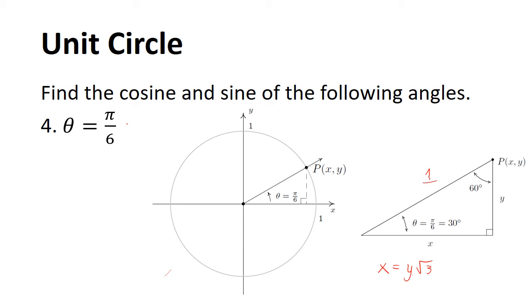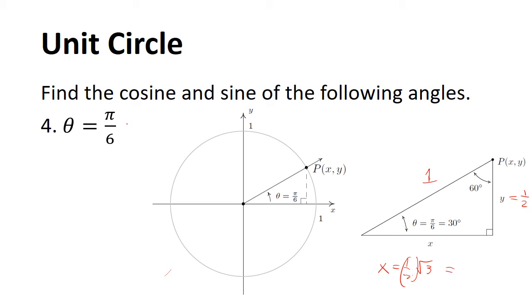At dun sa 30, 60, 90 degree natin na special right triangle, kung ilan yung hypotenuse, twice siya ng shortest side, which is the opposite of 30. So, yung y natin, dapat kalahati ng hypotenuse. So, yung y mo dapat 1/2. And yung x mo, dapat multiply mo ng square root of 3 times kung ilan man yung shortest side. So, i-multiply mo lang ng 1/2 times square root of 3.